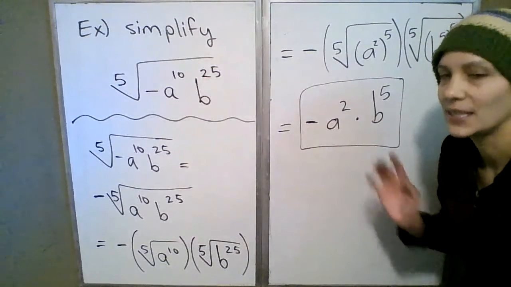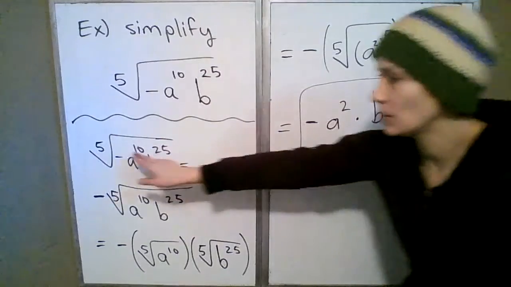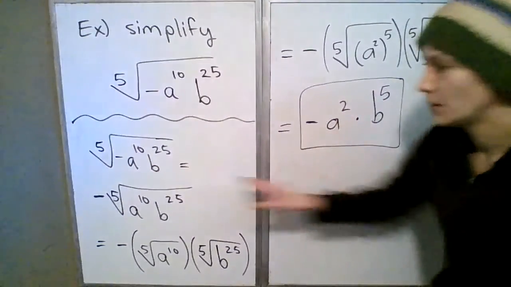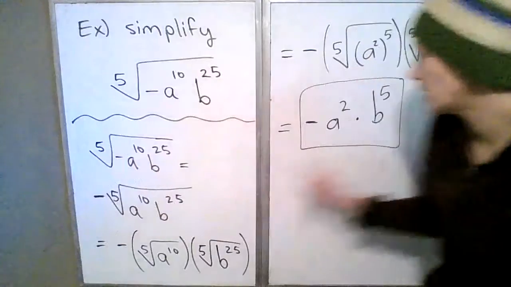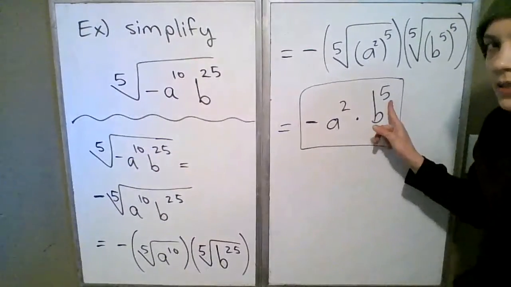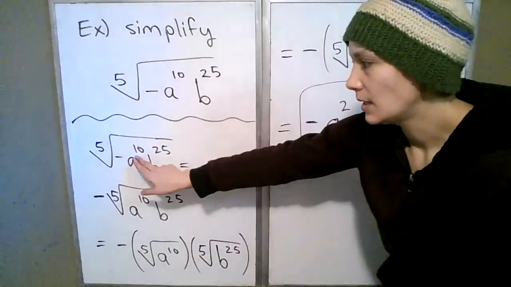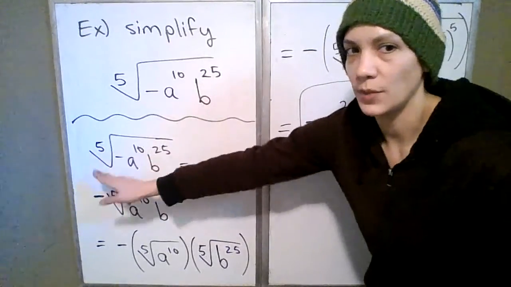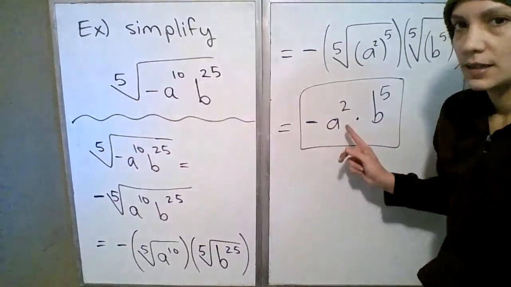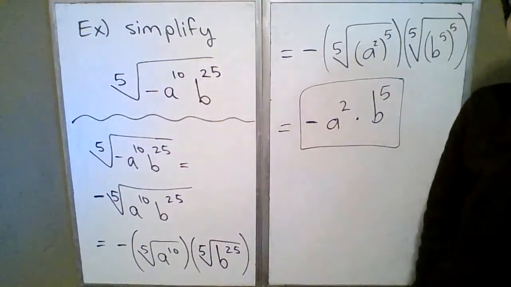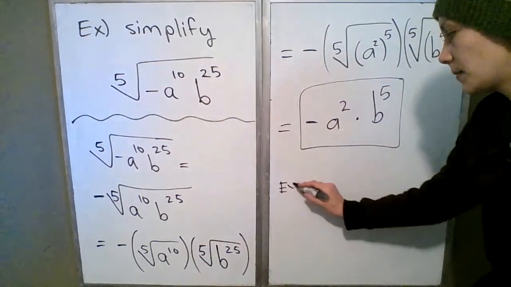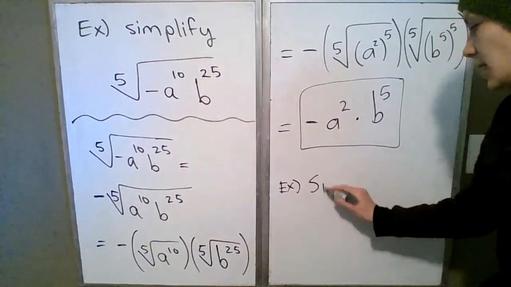I'm having a hard time just explaining it, but if you take this 10 and divide by that 5, you'll get the a squared. If you take your 25, divide by that 5, you'll get this power 5 here. So try to see if you can divide these powers by the root evenly, and that's a way to simplify. Okay, but let's just keep practicing simplifying these things.